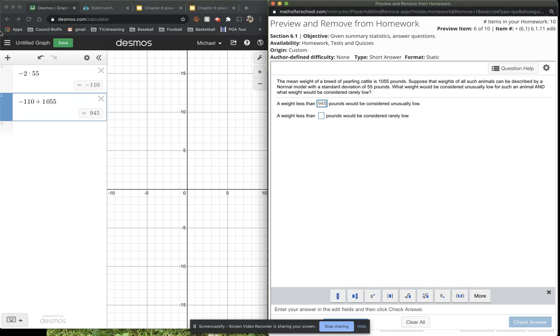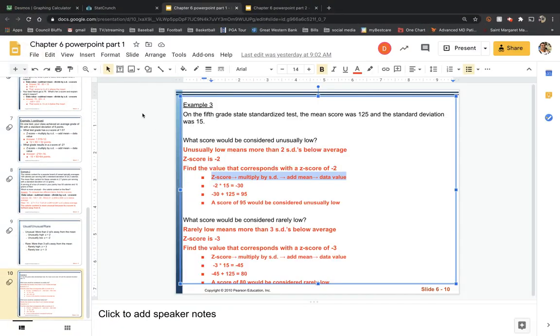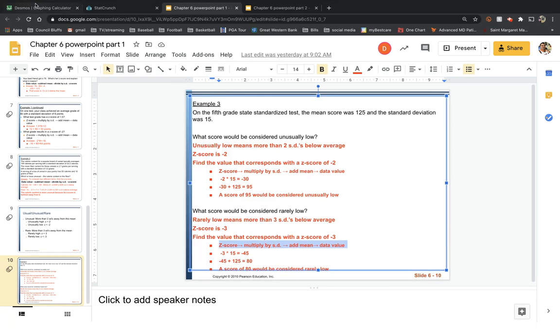Okay. To find the weight that is considered rarely low, we're going to literally do the exact same thing. Okay, let's go back to our example from the PowerPoint, but rarely low means more than 3 standard deviations below average. So we're going to do the same thing, except our z-score, instead of being -2, is going to be -3.